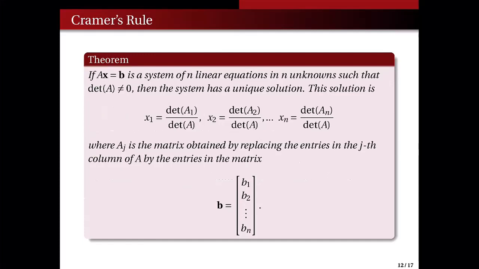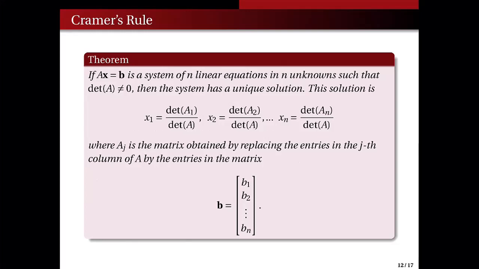So if you have a matrix A which is n by n, and you consider the linear system AX equals B, with that you have n unknowns. So AX equals B will have n unknowns and n equations.